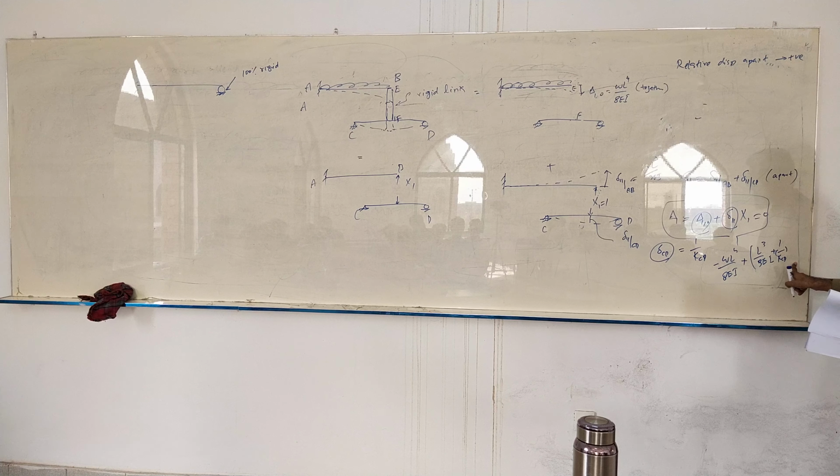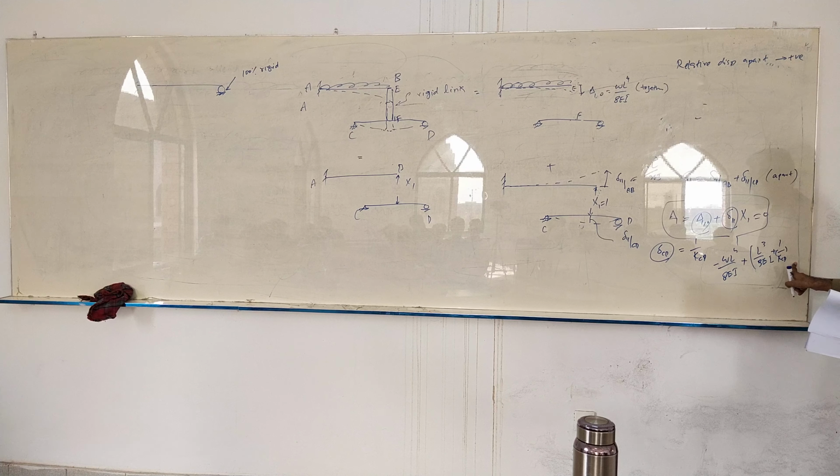So this is equal to 0. Now if you know KCD, you can solve the problem. Of course, you need to know KCD. You need to write down the expression for X, which you can work out yourself.